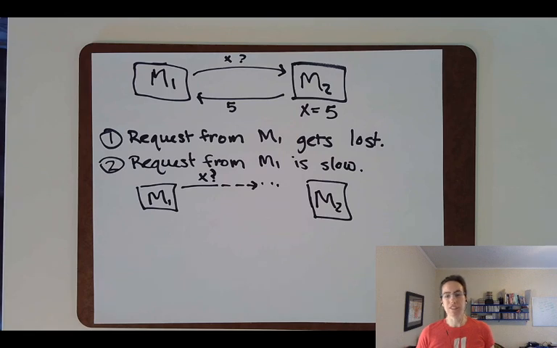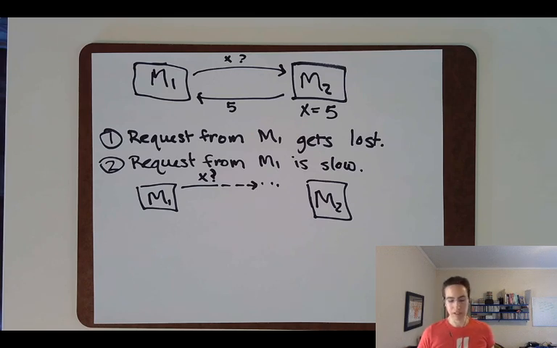M2 can't wait forever, right? At some point, it has to make a decision, right? So this slowness could happen for a number of reasons. It could happen either in the network between M1 and M2, or it could also happen in some sort of a message queue, either on M1's side or M2's side. But for whatever reason, maybe M1 thought that it sent the request, but then M2 never received it.